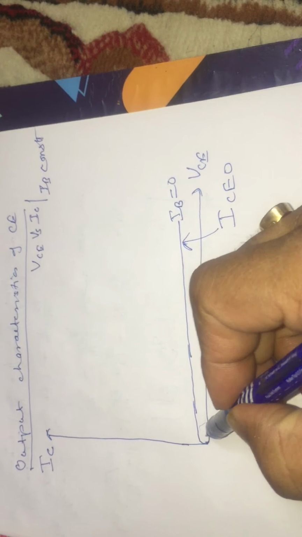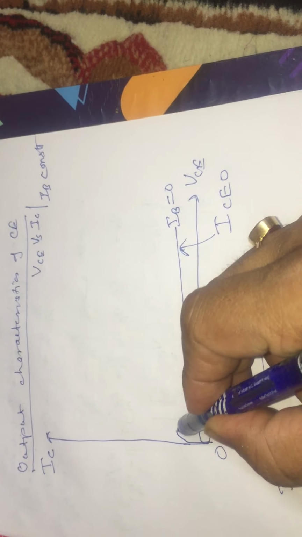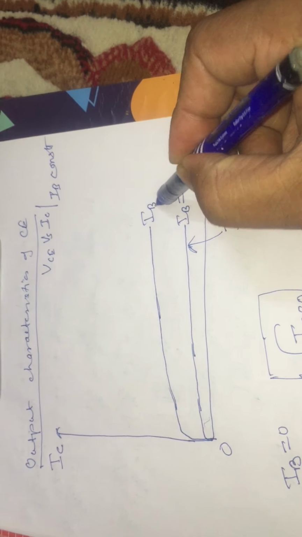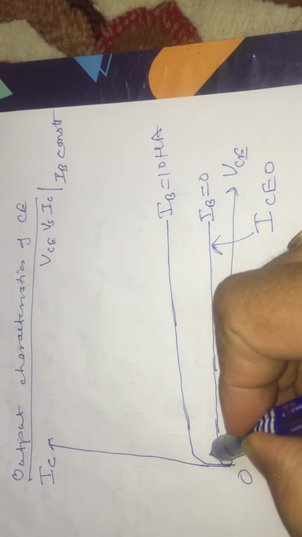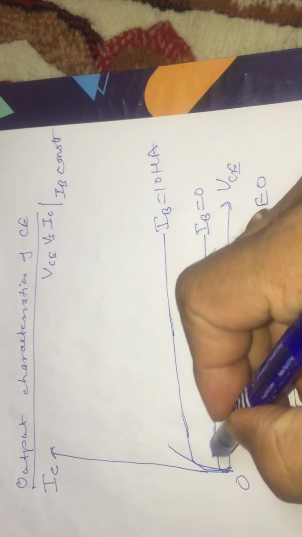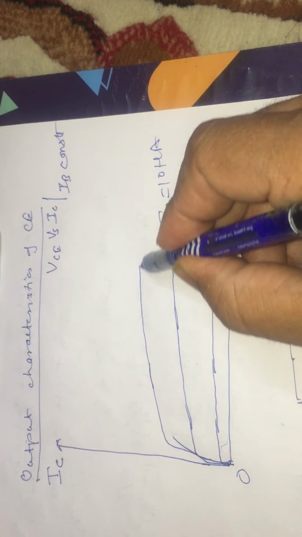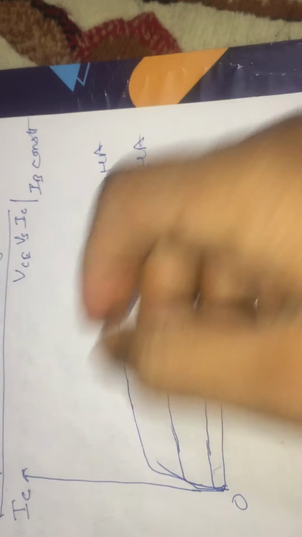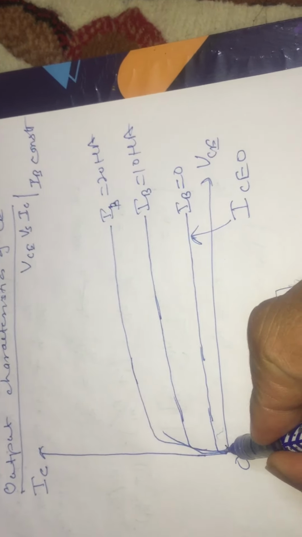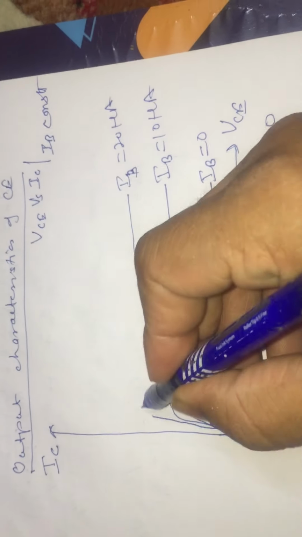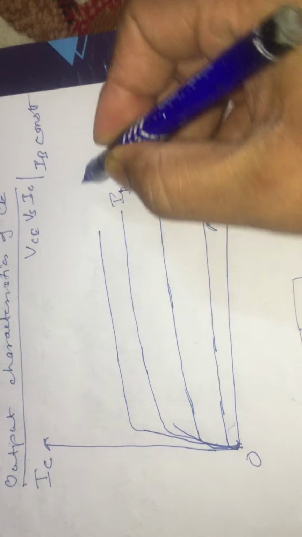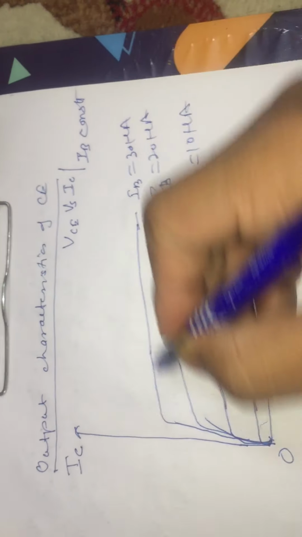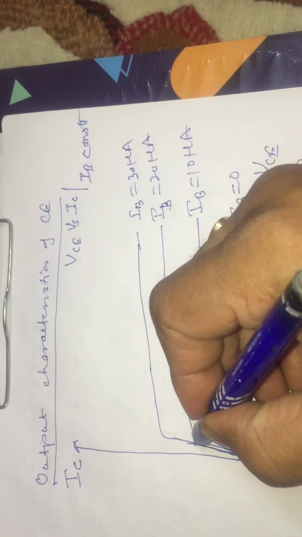Then we have to make a diagram for different values of IB. IB is equal to 10 microampere, IB is equal to 20 microampere, and this is for IB equal to 30 microampere, because the unit of IB we generally use is microampere.